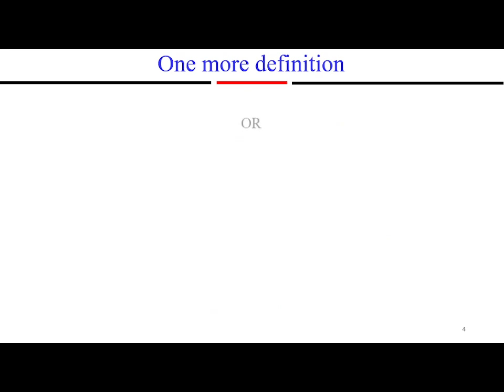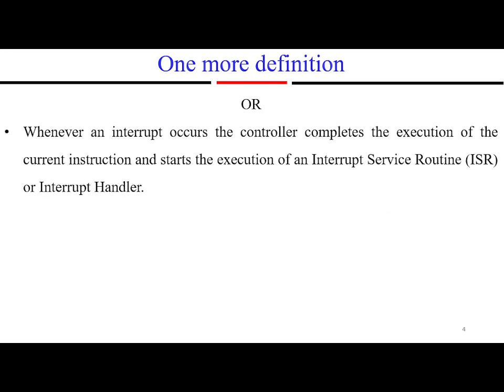There is one more definition. We can say when an interrupt occurs, the controller completes the execution of the current instruction and starts the execution of an ISR or interrupt handler.